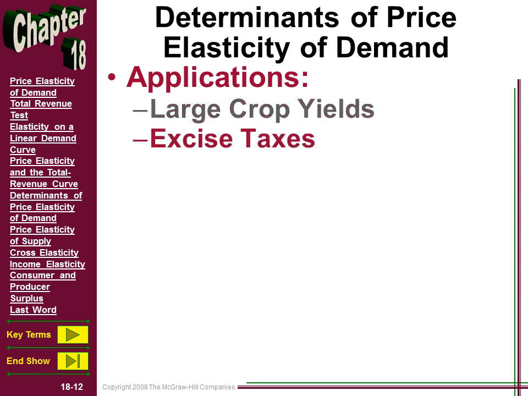What about excise taxes? And why is it that governments tax things like alcoholic beverages and cigarettes? Well, this is the same idea as the large crops, but in reverse. In this case, people are typically addicted to these type of goods. Typically, smokers are not all that responsive to changes in price.